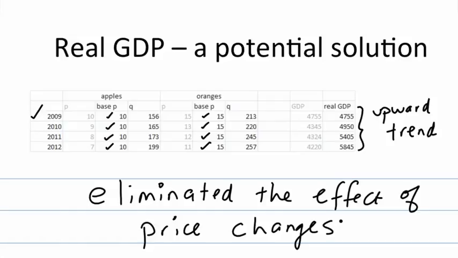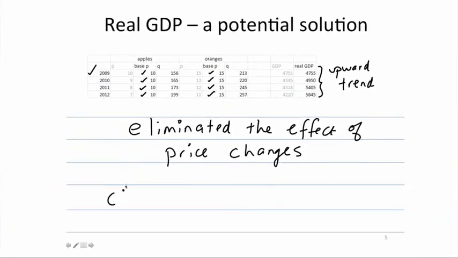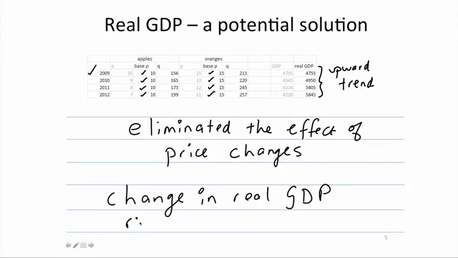Which means when we look at what is happening to real GDP, we know by definition that a change in real GDP must be reflecting a change in quantity, because price and price changes can have no role.